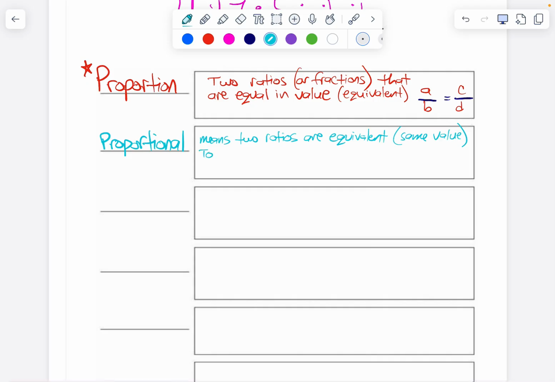To determine... I didn't even tell you this one, but this is how we're going to solve, so I want you to use this one. I'll go back and show you what I mean, but are the cross products equal? What is a cross product?